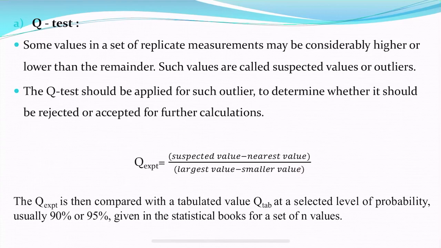Why we use this Q test is that we compare the result with the tabulated value, which we call Q tab, at a selected level of probability, usually 90% or 95%, given in statistical books. With those statistical books we compare the Q tab values at 90% or 95%, and then we either accept or reject the value.